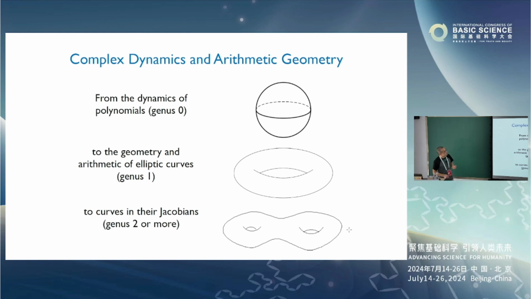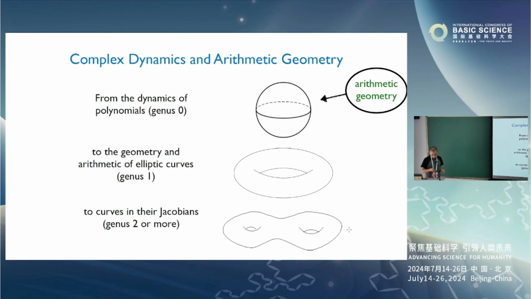Later on, people tried to combine dynamics with arithmetic: polynomial dynamics on P1 is a rational function, and that is algebraic, so you can also study the arithmetic properties of the dynamics. You can combine dynamics and arithmetic geometry.